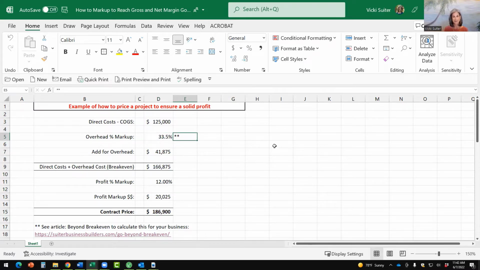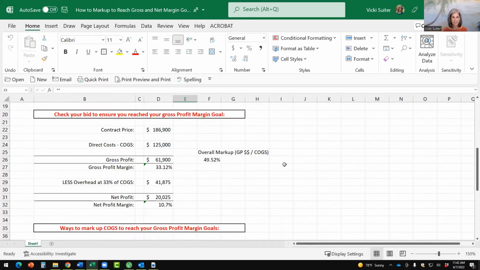Now, again, one of the things that you'll want to do is calculate for yourself how much you have to mark up your bids just to break even. So you'll want to calculate and know what that number is. And then before you send out your bids, one of the key ways for you to make sure that you're actually meeting your gross profit margin goal or your net profit margin goal is to double check your numbers before the bid goes out.